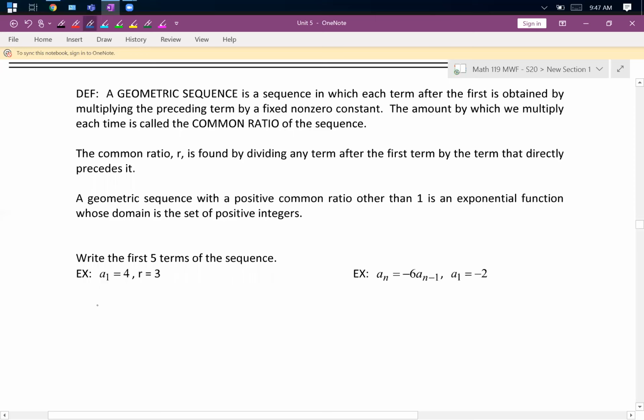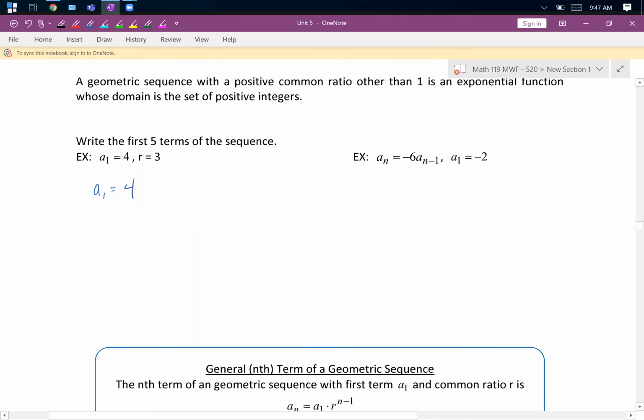So let's write out our first 5 terms. They give us the first one, and then we're just going to multiply by our common ratio r equal to 3 over and over again.